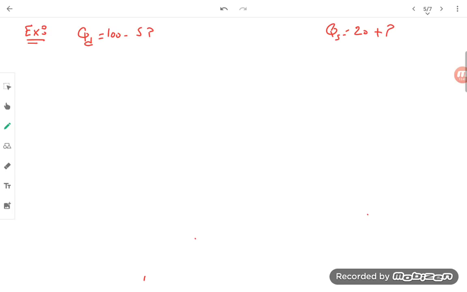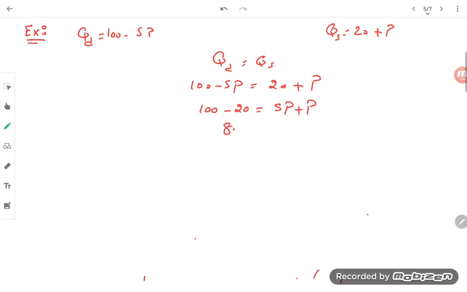Equilibrium, as we said, is achieved when QD equals QS. So 100 minus 5P equals 20 plus P. It's 100 minus 20 equals 5P plus P. So 80 equals 6P, and the equilibrium price is 80 over 6.